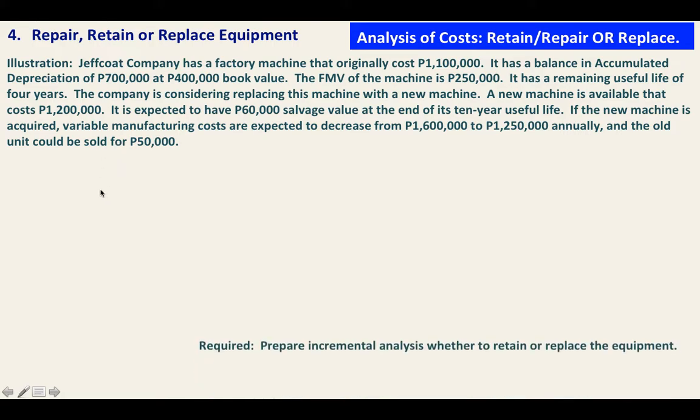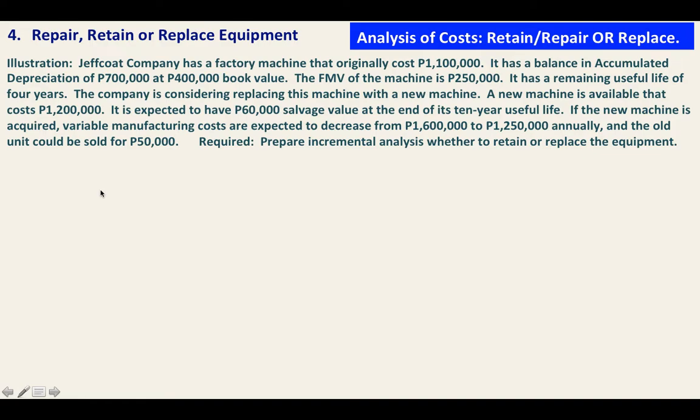Okay, class. Let us recapitulate the given data. And we are required here to prepare incremental analysis whether to retain or replace the equipment with a new one. Okay. So what we're given on the old machine is the cost of 1,100,000.